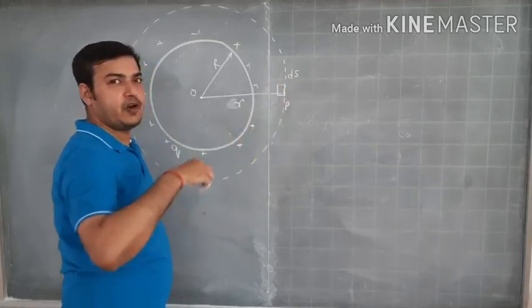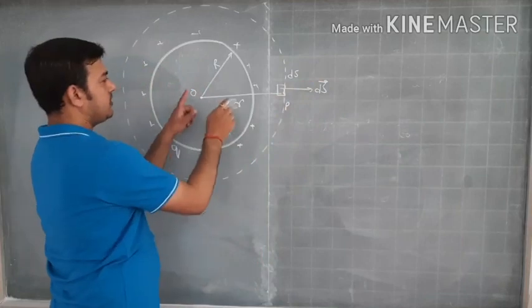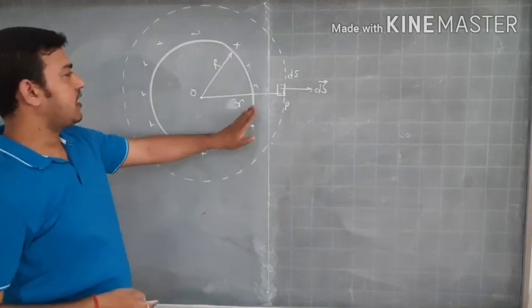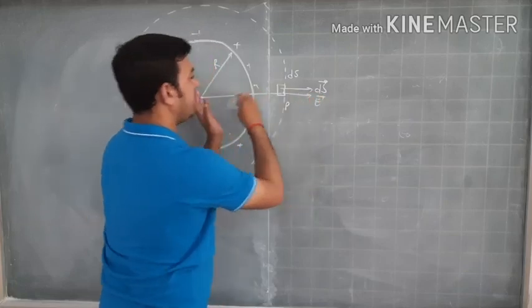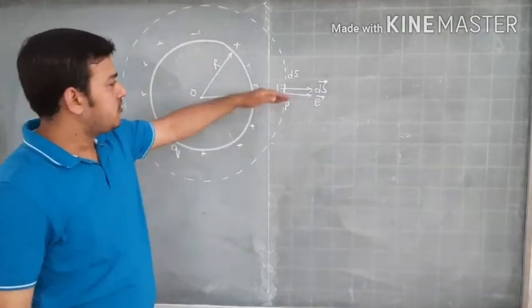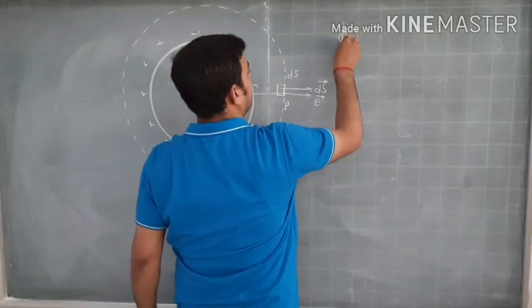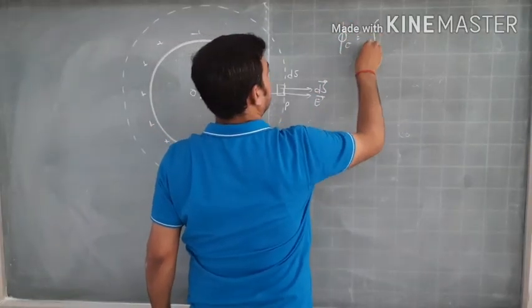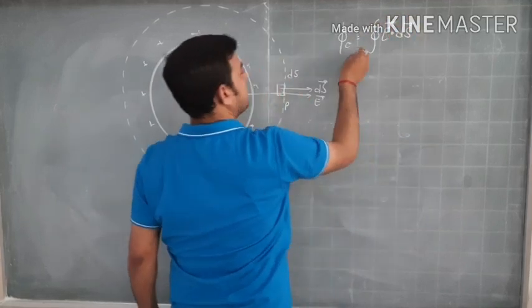So this is my small area, and the area vector will be normally outwards. Since the shell has a positive charge, the electric field is definitely away from the charge. So these two are in the same direction, and by the Gauss theorem we can write closed integral E dot ds.